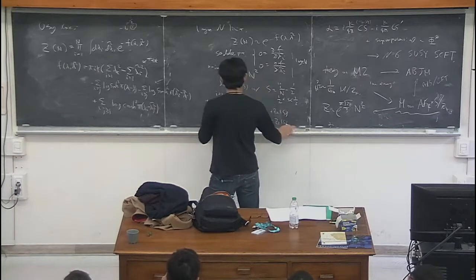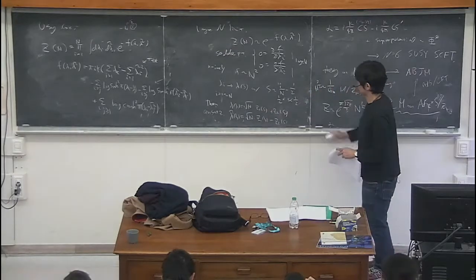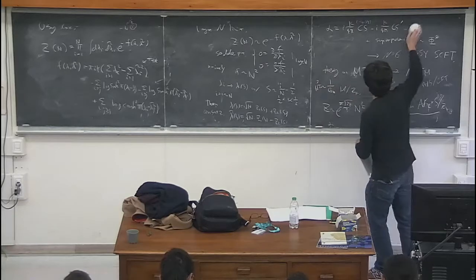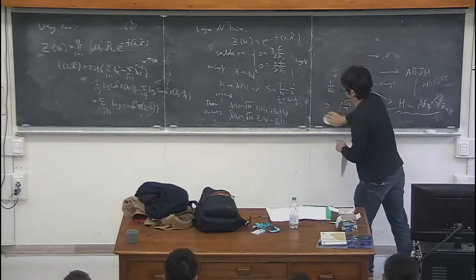This is just a division of λ into g1, g2, this special combination, and here we think g1 and g2 are order 1, not depending on n.